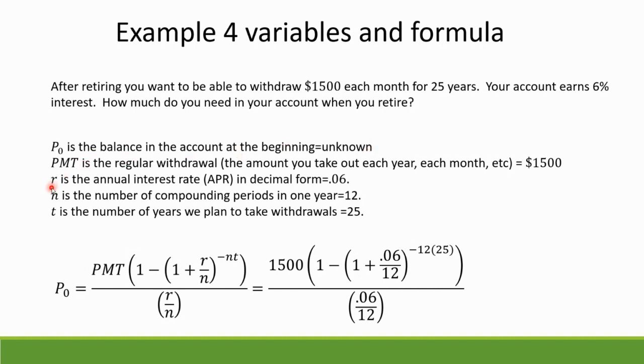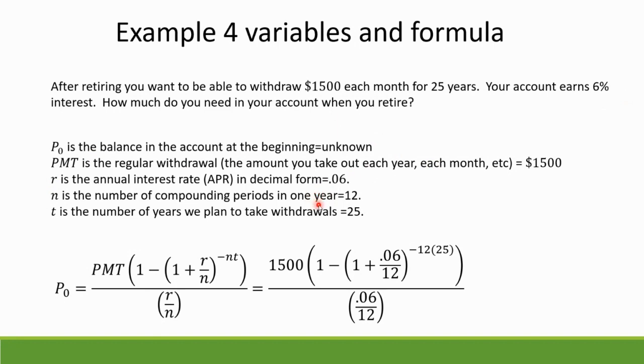Little r, the interest rate, the APR, in decimal form, is 0.06. The APR, our interest rate, is 6%, and here we convert it to a decimal.